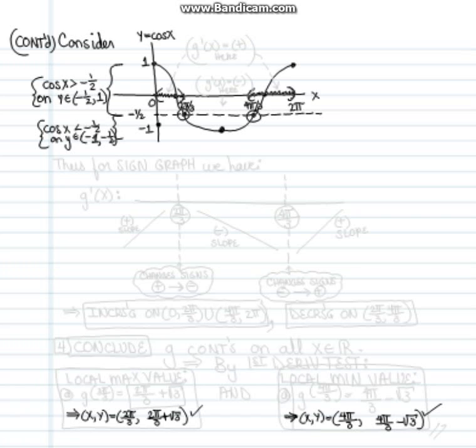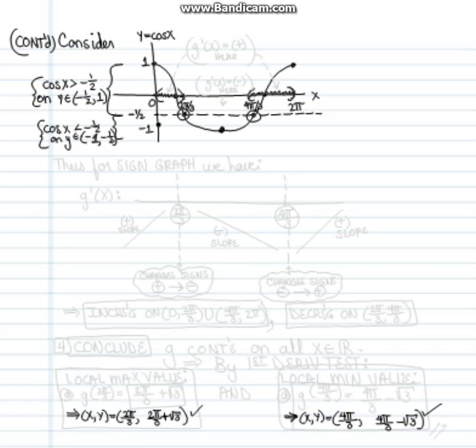So I've drawn this graph. I've got y equals cosine x, and on the x-axis I marked my restricted domain from 0 to 2 pi, and I marked my critical numbers. Okay, and on the y-axis I was interested in y values between negative 1/2 and 1, because that is the area where the cosine of x is greater than negative 1/2.